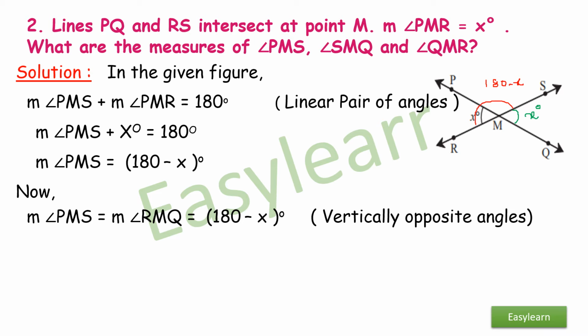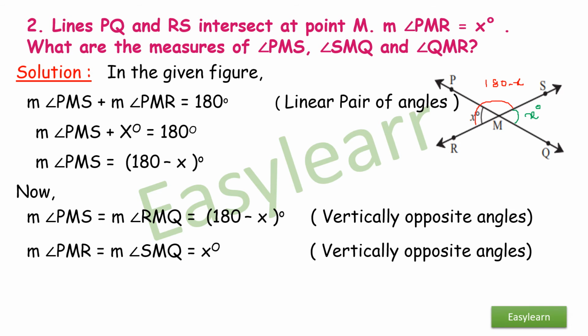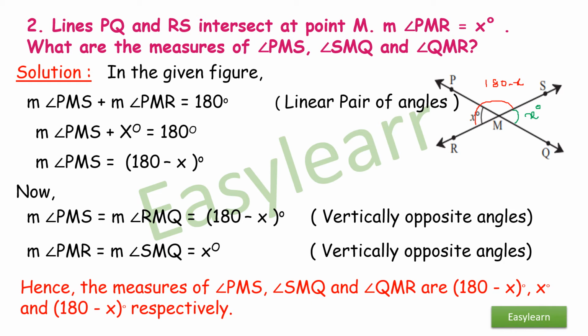Therefore, their measure is 180 minus x degrees. And measure angle PMR and SMQ are again vertically opposite angles, so their measure is also x degrees. Hence, the measures of the angles PMS, SMQ and QMR are 180 minus x degrees, x degrees and 180 minus x degrees respectively.